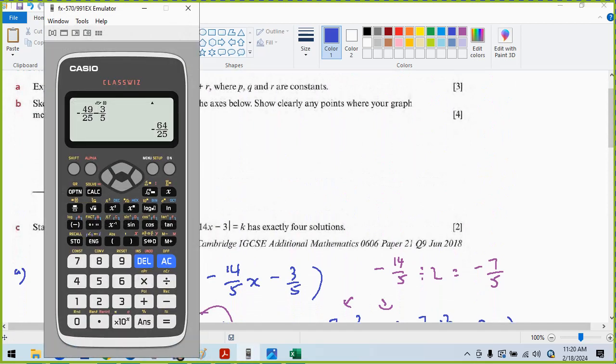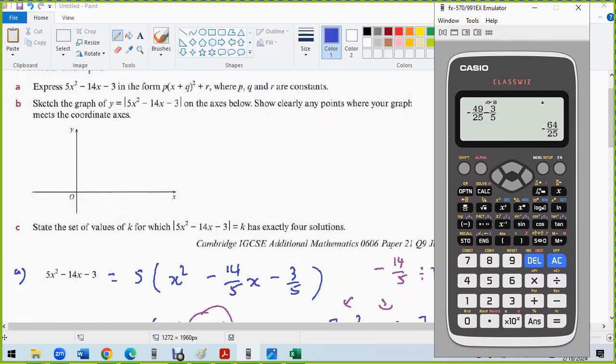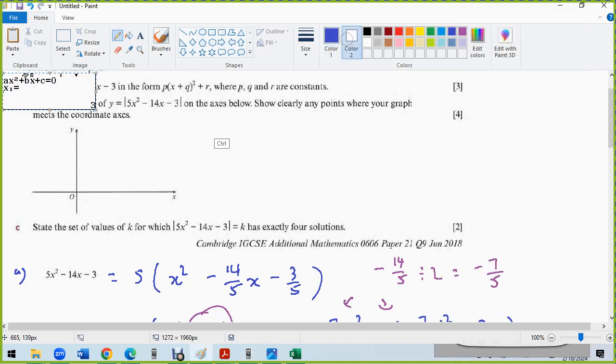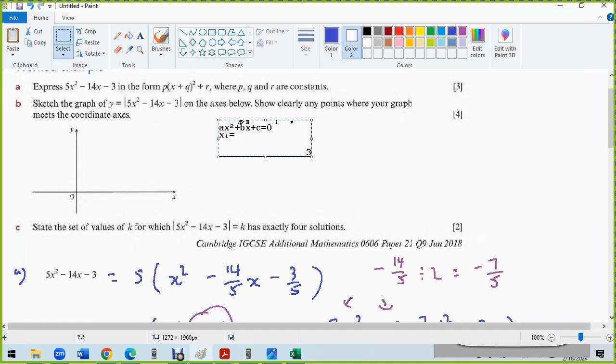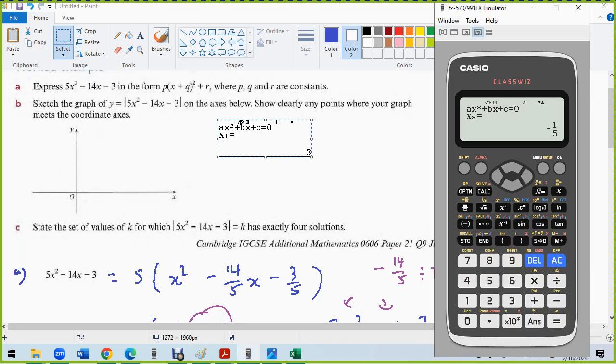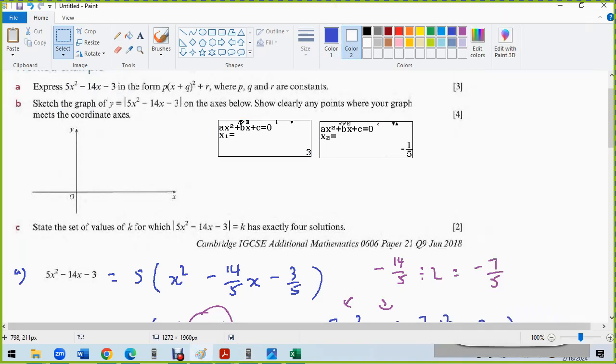How? What we can do here is pass the calculator and go to the equation, then number 2, polynomial degree 2. Then we enter 5, negative 14, and negative 3 here. Then the roots will be 3 and negative 1 over 5.